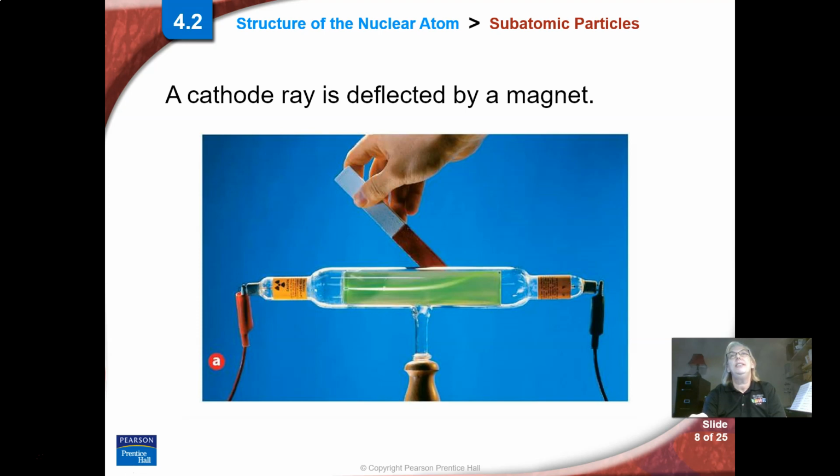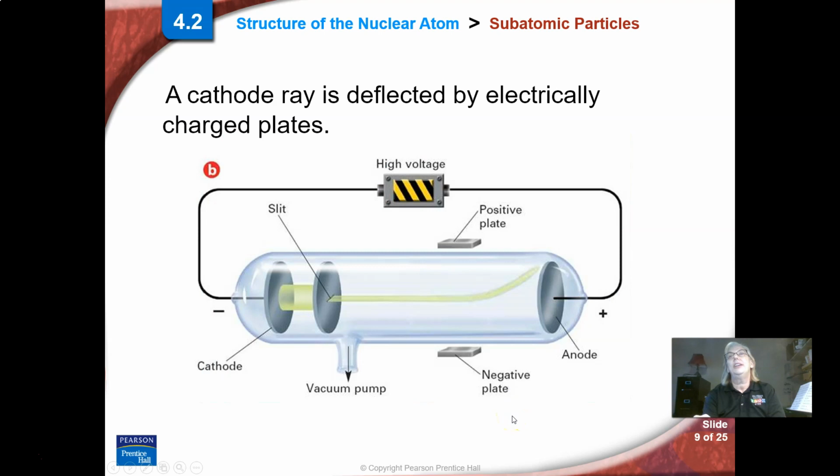So J.J. Thomson did this, and then he did some experiments with it. He put a magnet right here, and he noticed that the ray would start curving up towards it. He brought a positive plate up here and put a negative plate down there, and the ray would start going towards the positive.